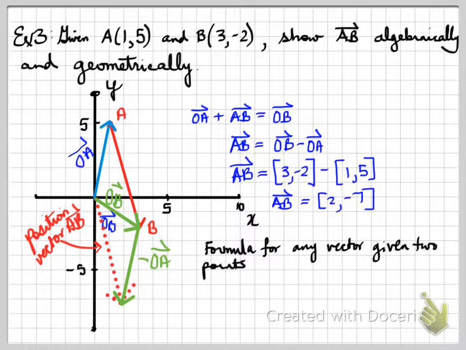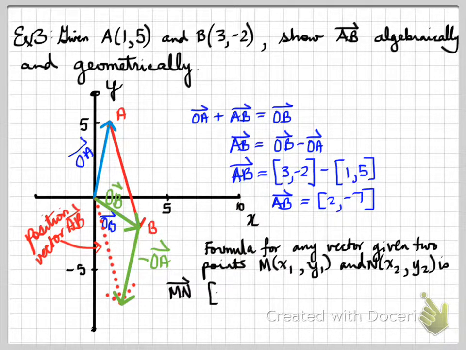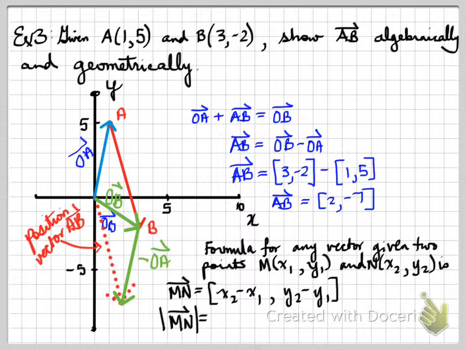So this is the formula for any vector given 2 points. If you're given coordinates, the vector MN is going to equal the x coordinates subtracted, and then the y coordinates subtracted will result in the position vector MN.